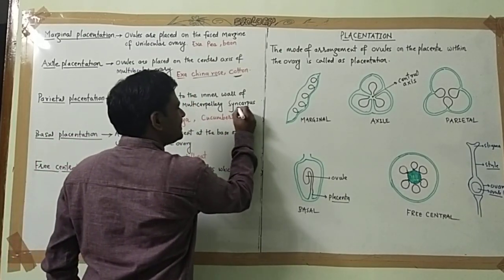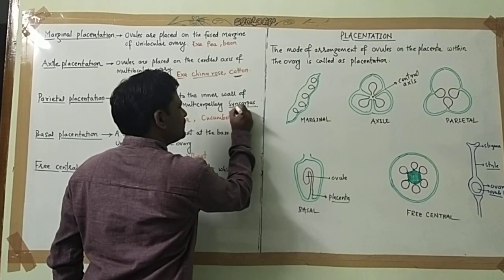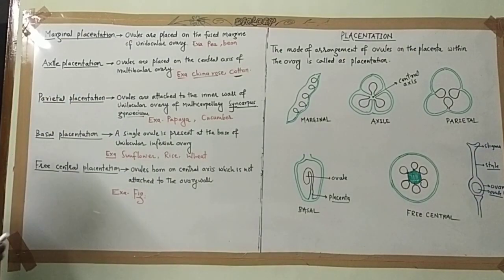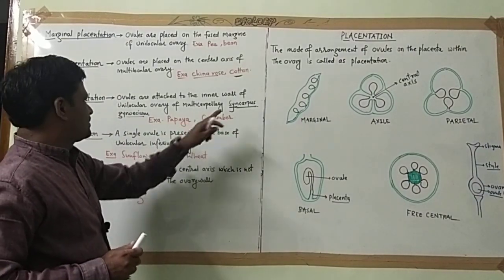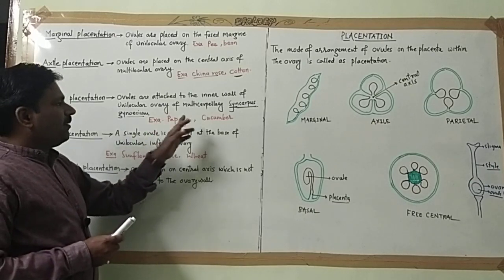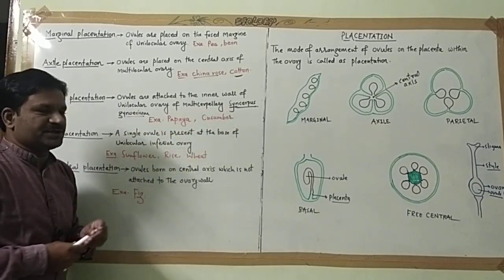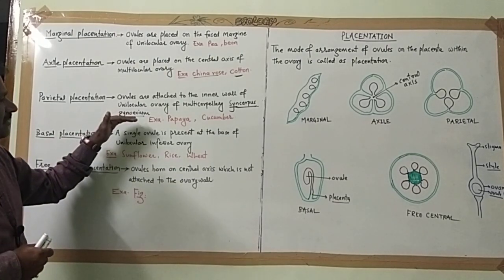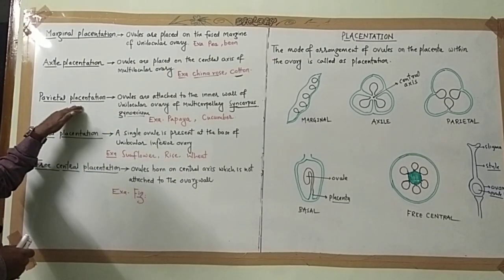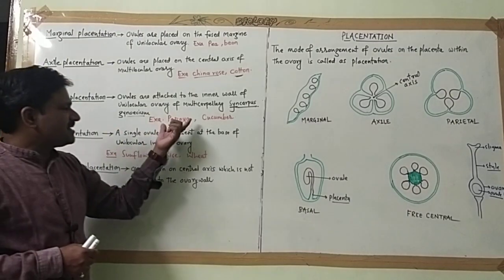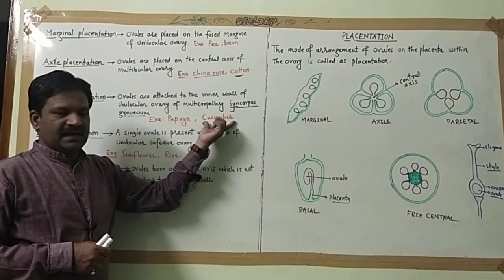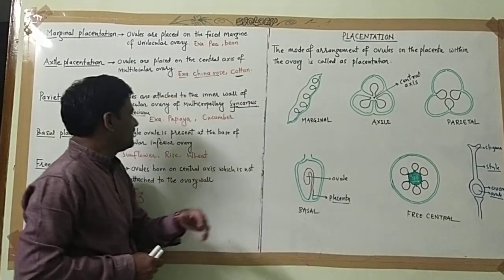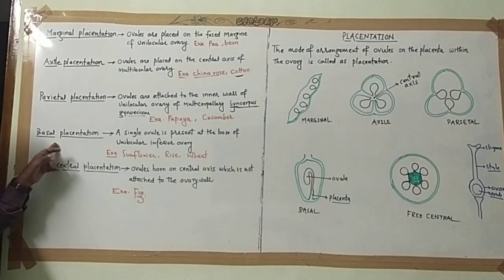And syncarpous means they are fused. Syn means fused. Many carpels are fused. That's why it forms a multicarpellary syncarpous gynoecium, and this shows parietal placentation. Examples are papaya and cucumber, which show the parietal placentation.